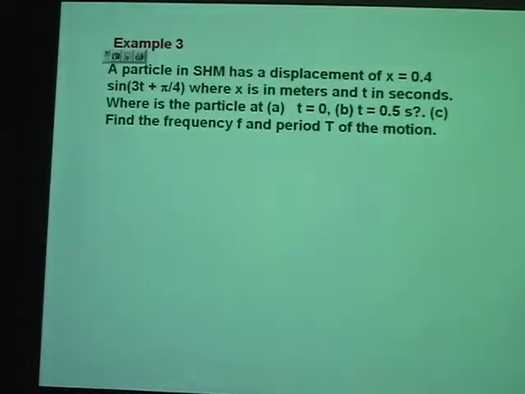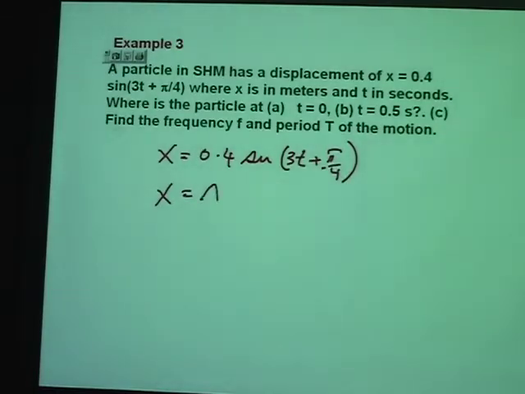X equal to 0.4 sine 3t plus pi by 4. Now, let me write down below it the standard equation. The displacement equation is x equal to a sine omega t plus delta.